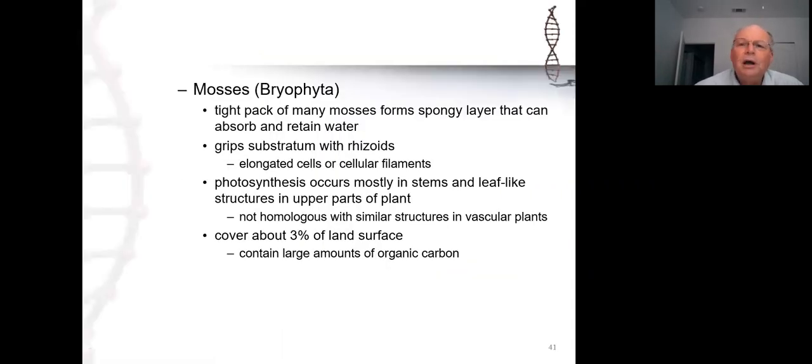Then mosses are probably the most obvious part of the bryophytes, and these are the ones that have the phylum name Bryophyta. They are somewhat important in the landscape because they have a wide distribution. They are primary colonizers.